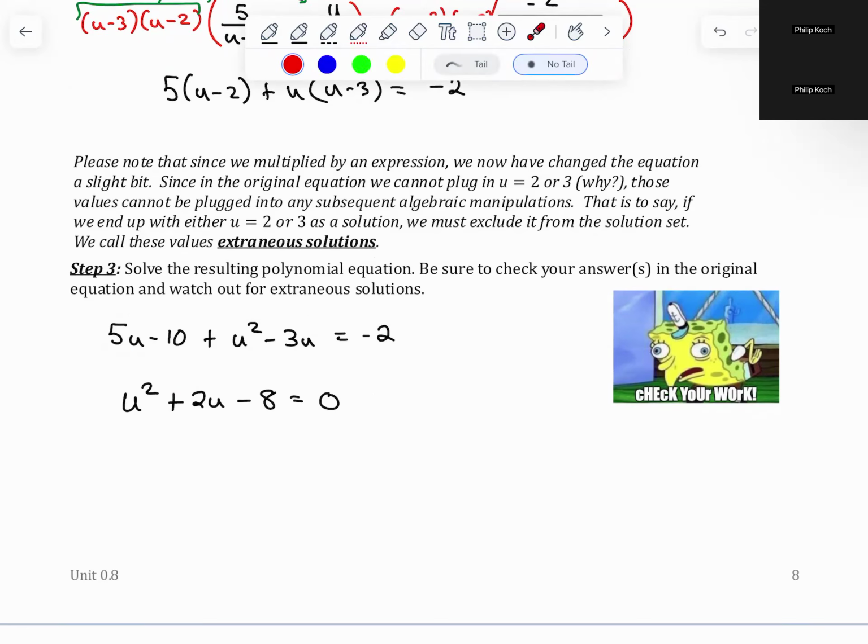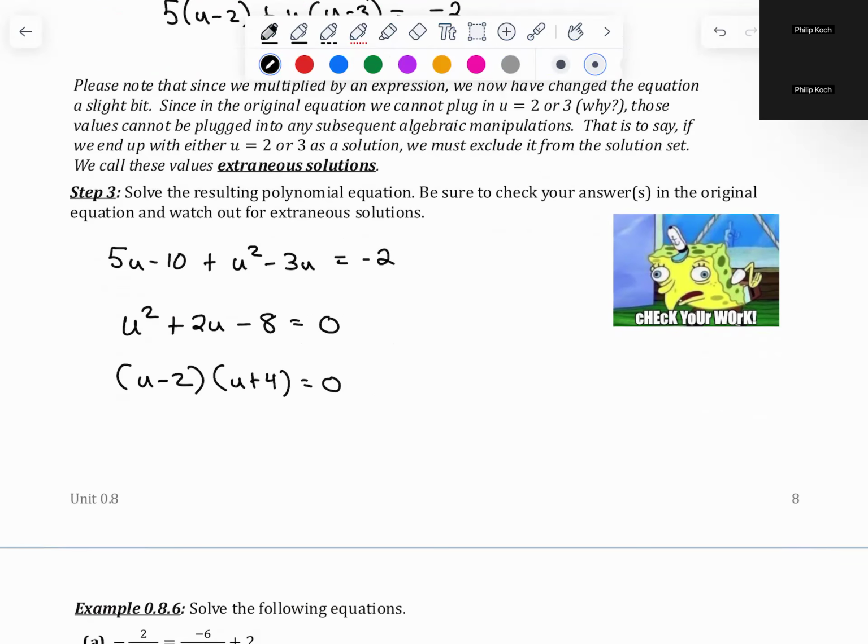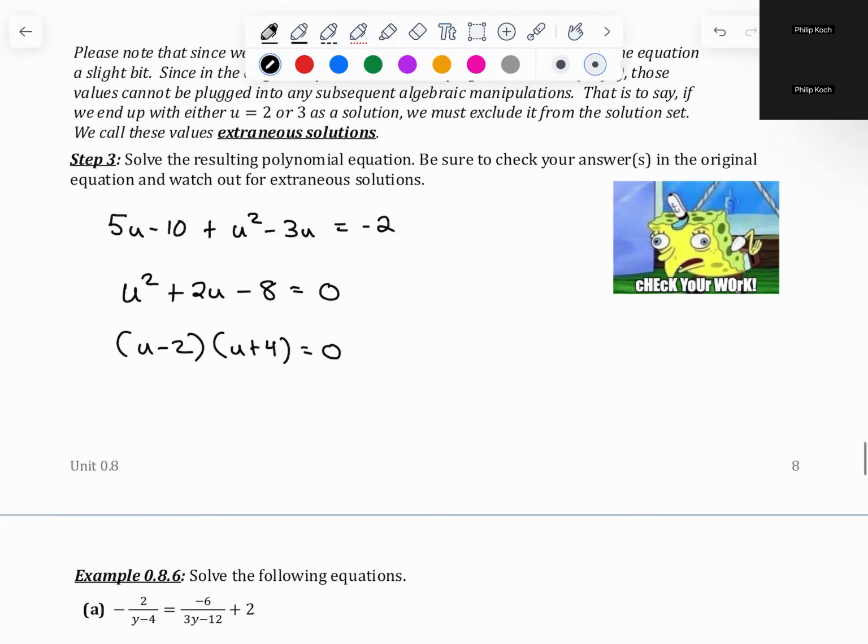And that factors nicely to (u minus 2) times (u plus 4) equals 0. And by the zero product rule, the reason why we did this, by the way, is the zero product rule allows us to write the left-hand side as a product equaling 0, so that one of the factors must equal 0. So we get the possible solutions: u equals 2 and -4.